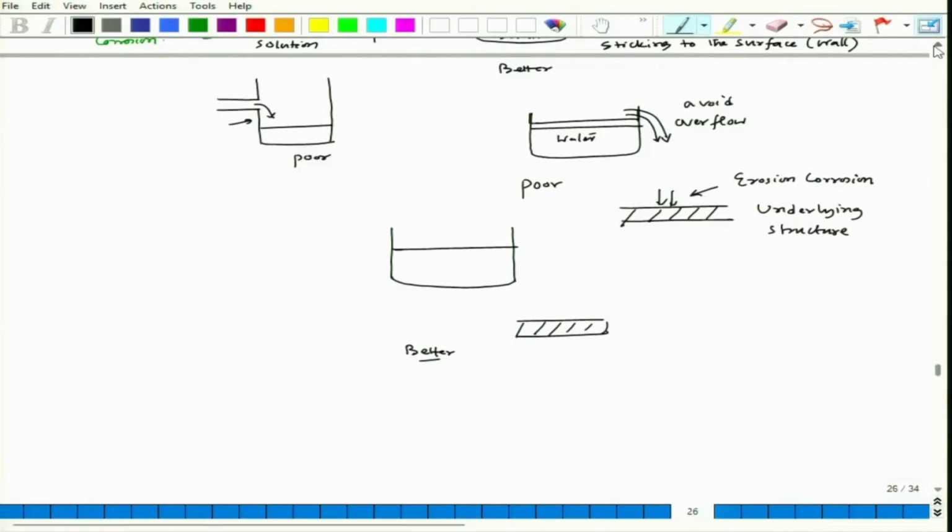So, the kind of examples you have seen, you can follow one reference book. There also you will find these examples. It is basically, I would say, a resource.